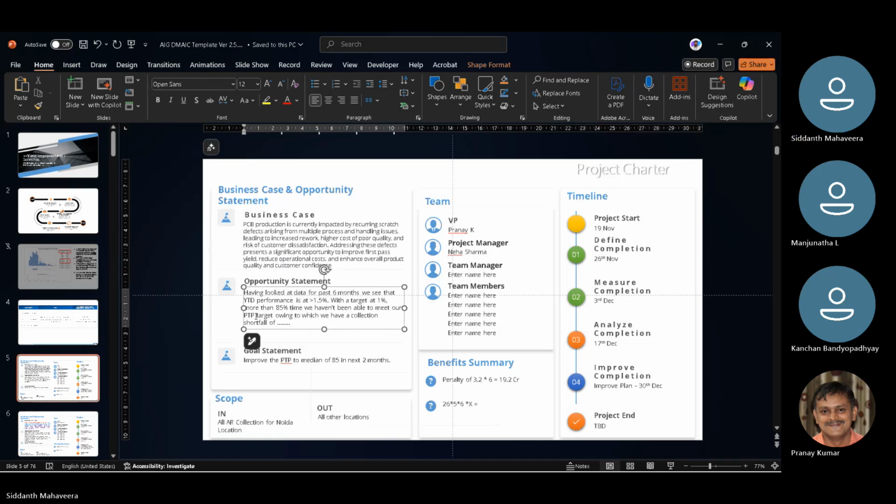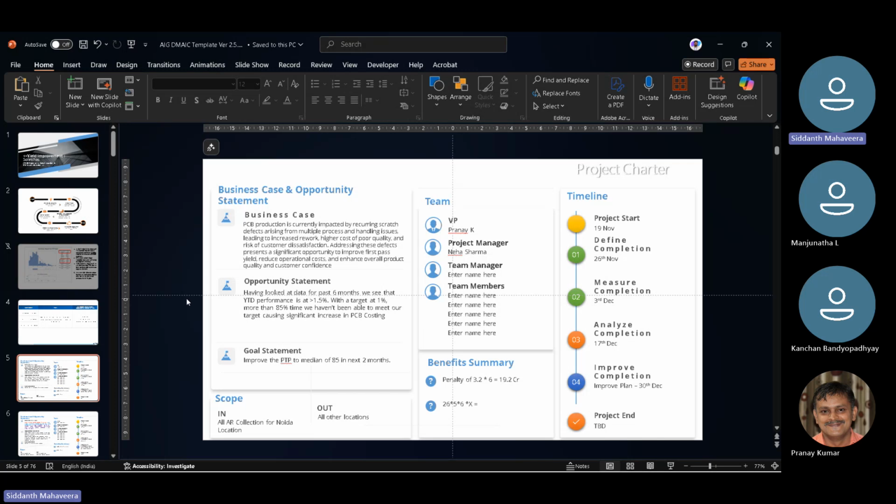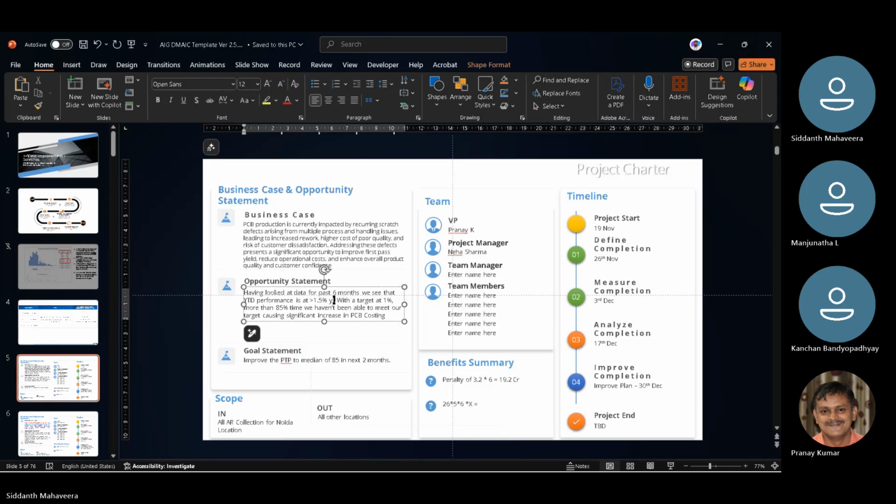Having looked at the data of the past 6 months, we see that YTD performance is at greater than 1.5% yield loss, with a target of 1%.